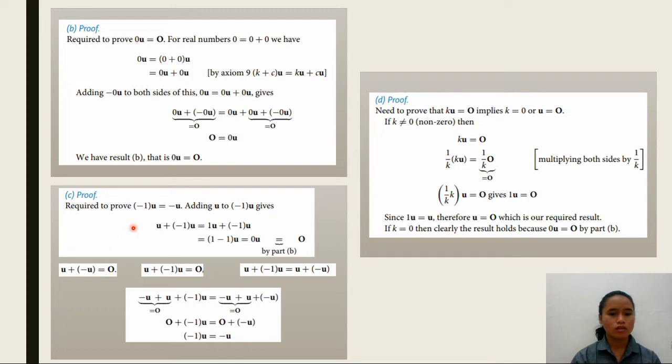C, we required to prove minus 1 times u equals minus u.